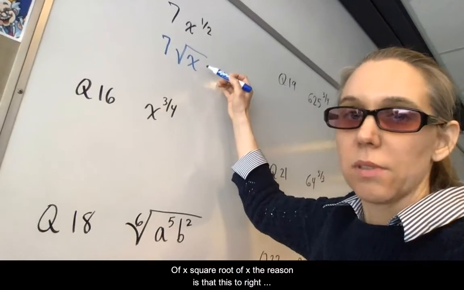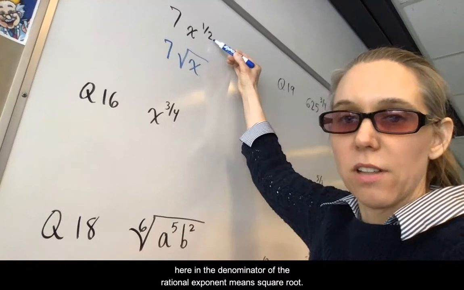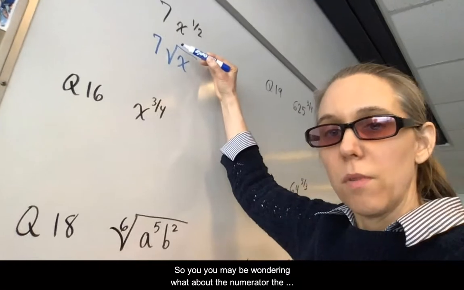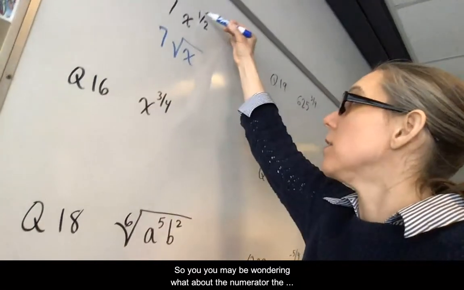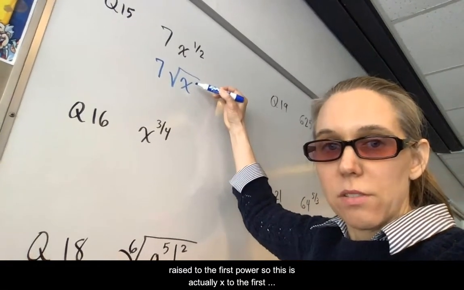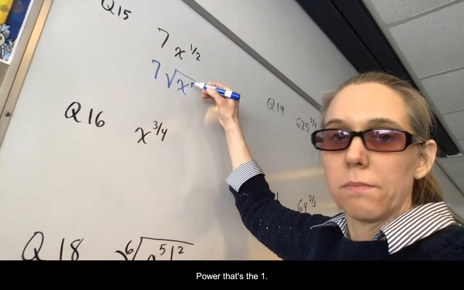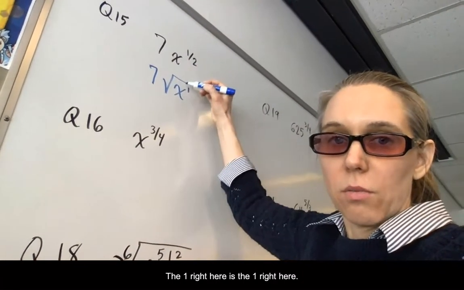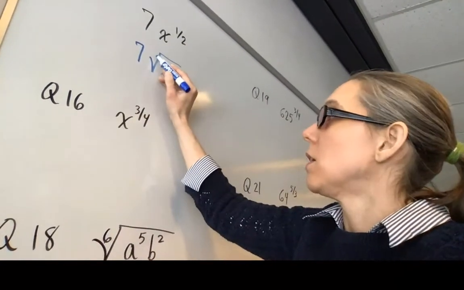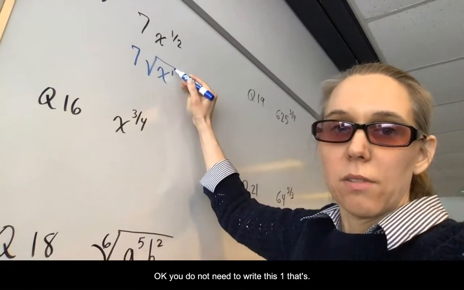The reason is that this 2 in the denominator of the rational exponent means square root. You may be wondering, what about the numerator? The numerator 1 tells me that what's in the square root is raised to the first power, so this is actually x to the first power. The 1 right here is the 1 right here, and the 2 in the denominator is the 2 that's implied in the square root. You do not need to write this 1. That's not required.